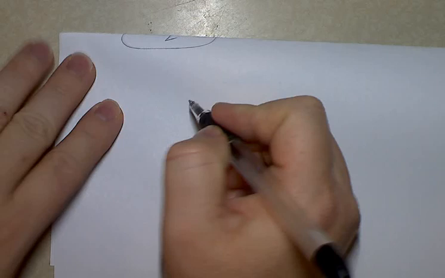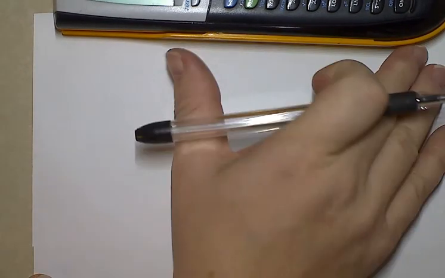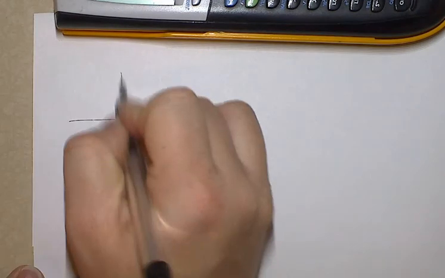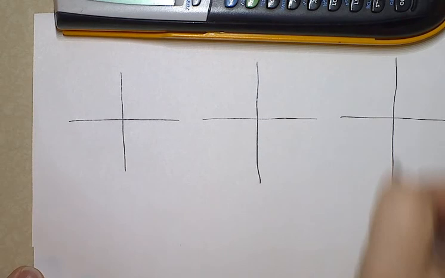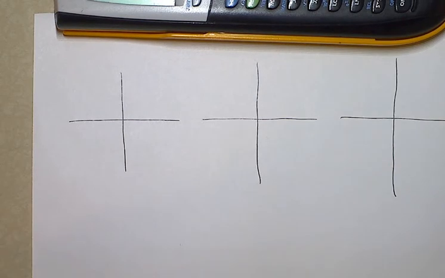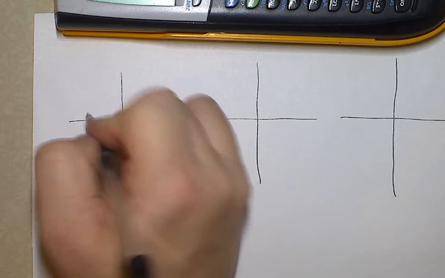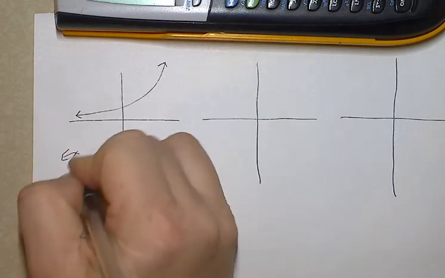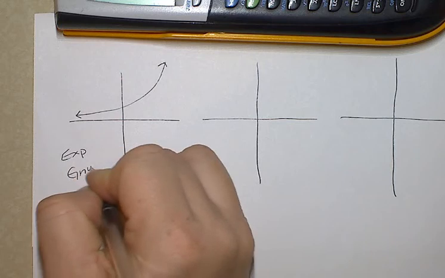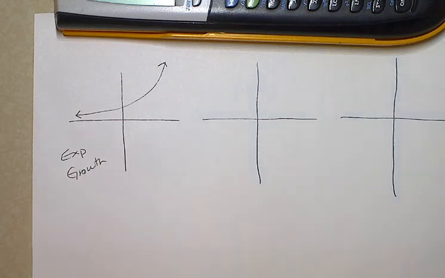So here is a misunderstanding that I found my previous students in earlier classes had. If I asked you to draw a picture, an example of exponential growth, it would look something like this. I'm going to abbreviate for time purposes. So exponential growth. As long as we haven't translated, it means we haven't shifted this thing up or down, this is what it looks like.